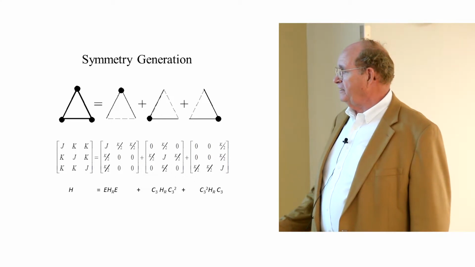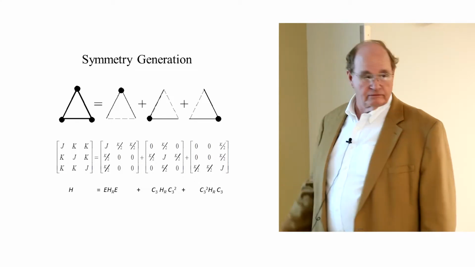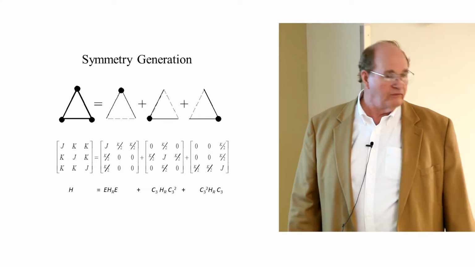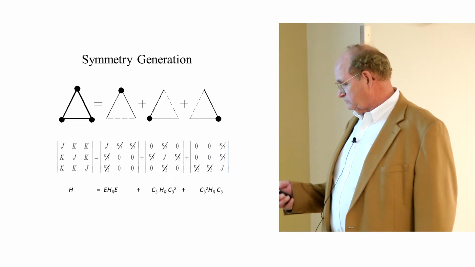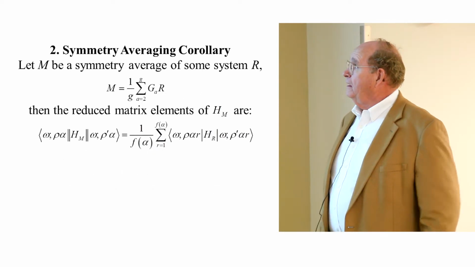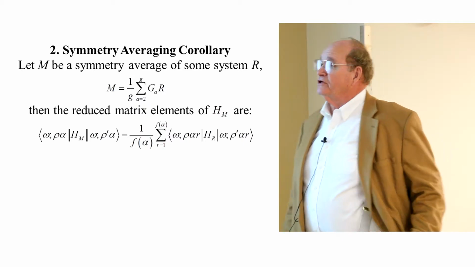And this is simply the identity times HR. Then if you use C3, what happens, the J goes down to the next step, and the K's get sorted. And then finally here, you add all those up and you get the original. So that's an example of symmetry generation. Is that clear? Okay. Okay, there's kind of a corollary, and this is the symmetry averaging corollary.